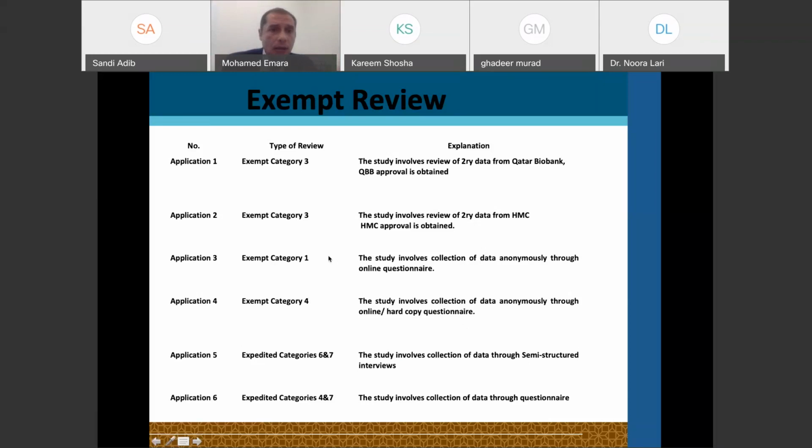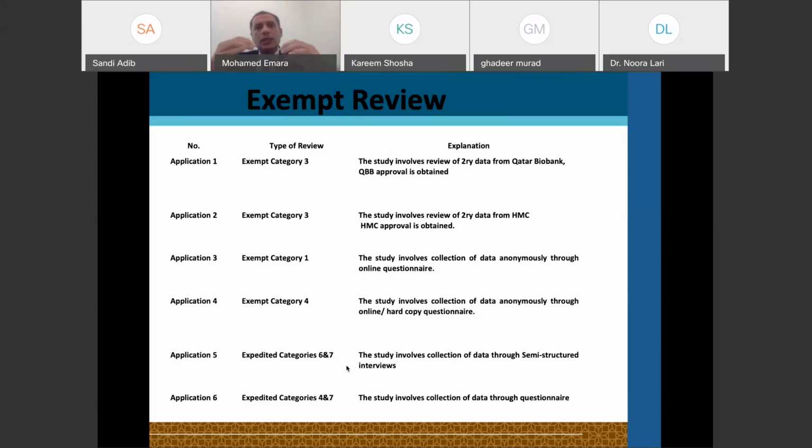And if you notice here, there is a type of review that I didn't really include in this presentation, which is called exempt category 3, category 1, category 4, category 6, and 7. We follow the categories which are internationally known, that your application lies on. For example, collecting some samples with a non-invasive procedure is going to be expedited.